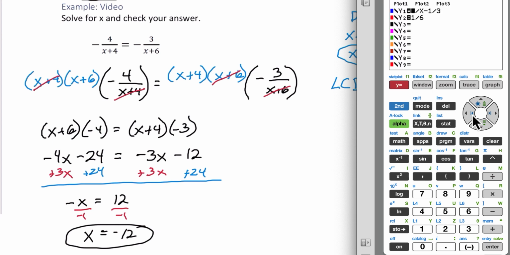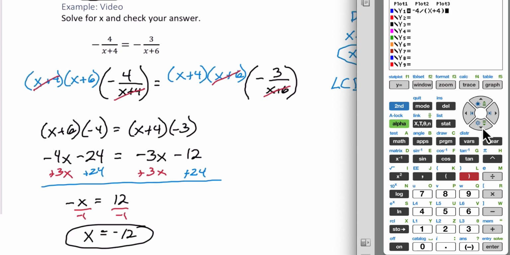Under y1, first we need to clear, and then beside y1 we'll type in the fraction negative 4 divided by, since the denominator contains more than one term, we do need to put it in parentheses, x plus 4.